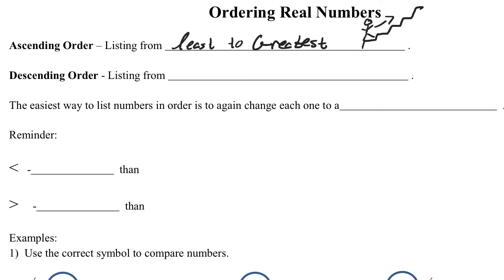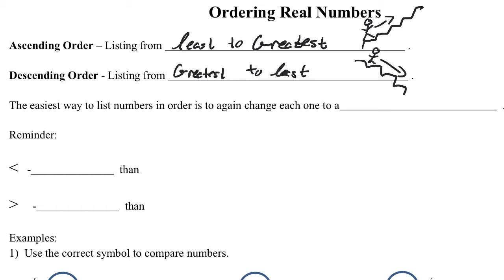Descending is going the other way. So ascending is going bottom to top, and descending is when we go from the top to the bottom, or from greatest to least.